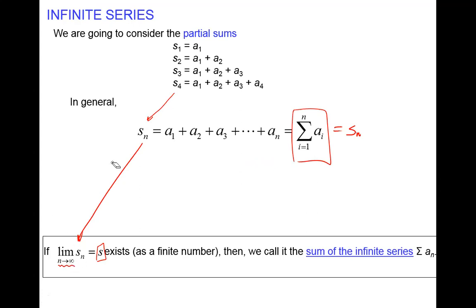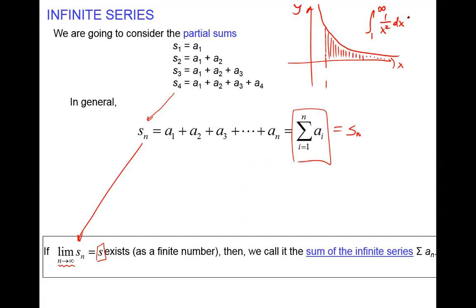We remember the improper integrals. It's, of course, a similar concept. We remember the integral from 1 to infinity of 1 over x squared, which theoretically means the area under the curve, and the region is infinite, right? Do you possibly remember what that integral was?